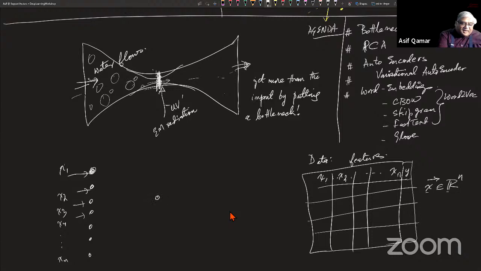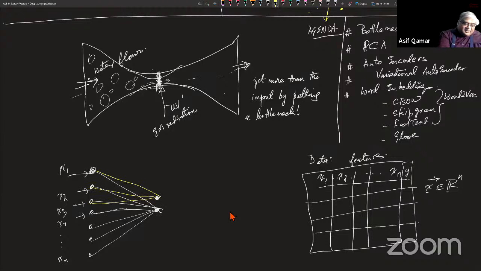For the sake of argument, let me take only two nodes in it. All of the inputs will feed into this, and all of them will also feed into this. Are we together?